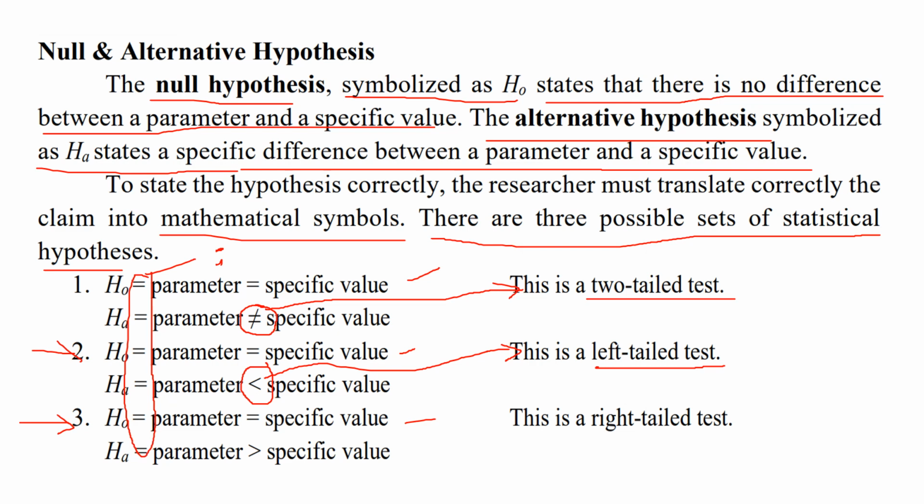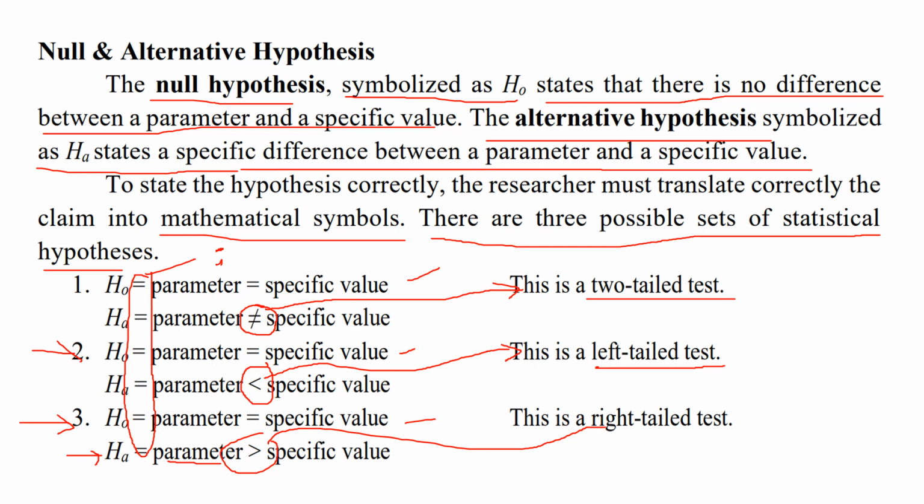For number 3, in your HA colon, parameter is greater than specific value. Once the keyword is visible or mentioned in the problem, that the parameter is greater than something, then we need to use the right tail test.